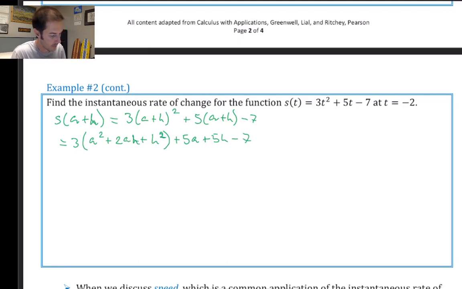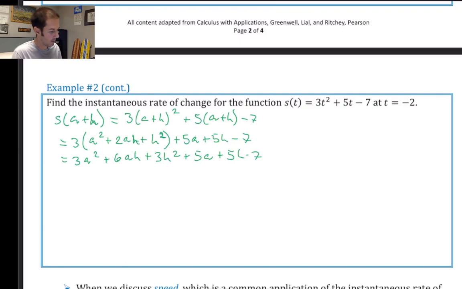Then let's distribute the 3. All right, that is s of a plus h.